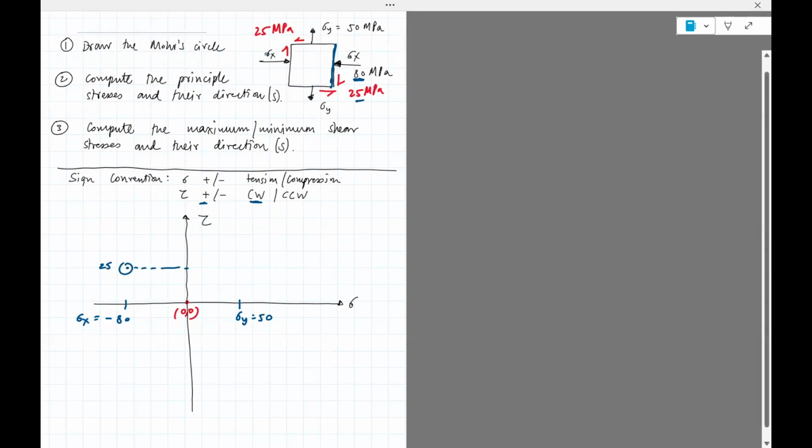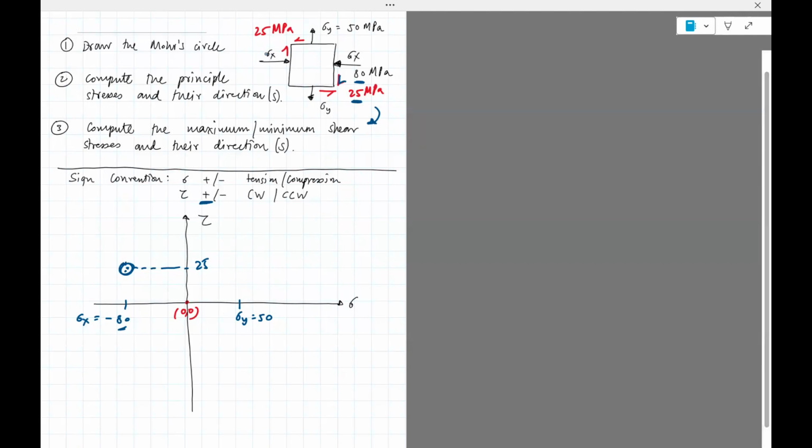So this face has 80 MPa, which is negative, and then there's 25 MPa, but I need to figure out the sign. The direction is clockwise, this way. Clockwise is positive. So I need to draw on minus 80 a positive shear stress.